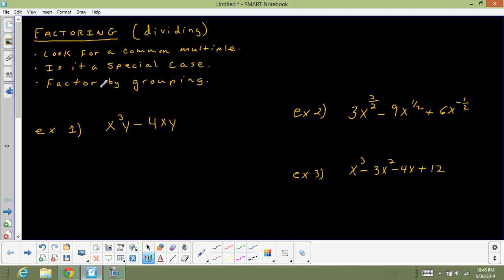And then secondly, you want to always be watching for special cases, and we'll identify a few of those over this week. Things that you can factor just because you've seen that sort of relationship between things before. And so getting to know types of situations that you can and how to react to those in just a moment's notice. And finally, factoring by grouping, pairwise factoring of expressions.